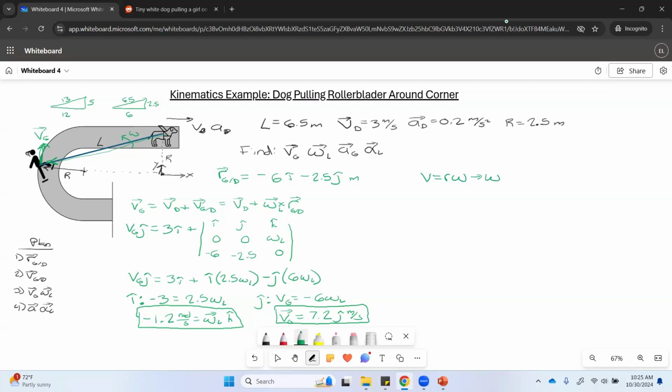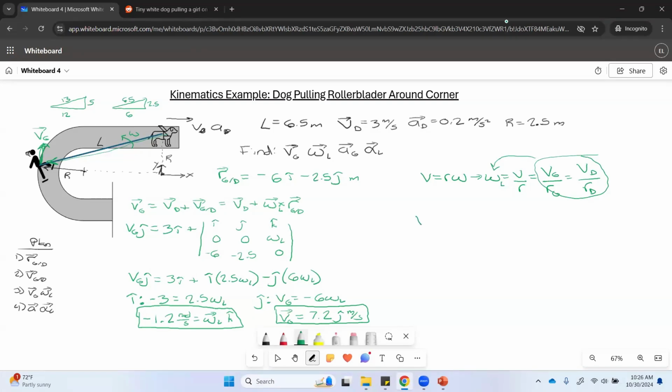So then omega equals V over R. So in our case, this is going to be velocity of the girl over position of the girl, or velocity of the dog over position of the dog. So we can solve this first one to get velocity of the girl, and then we can use either one to solve for angular velocity.